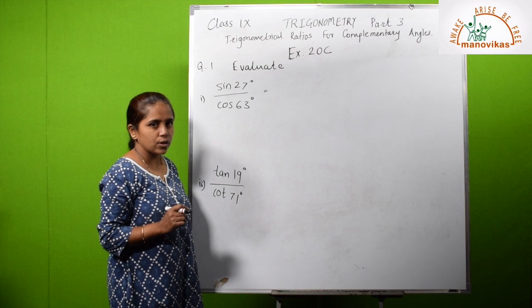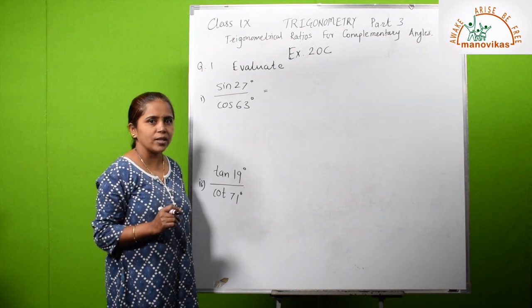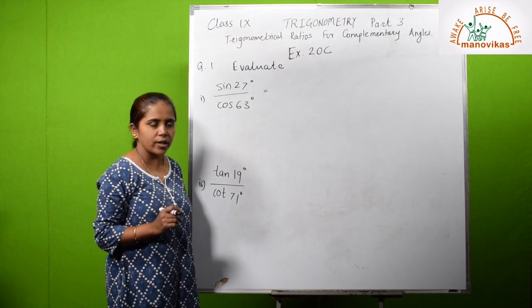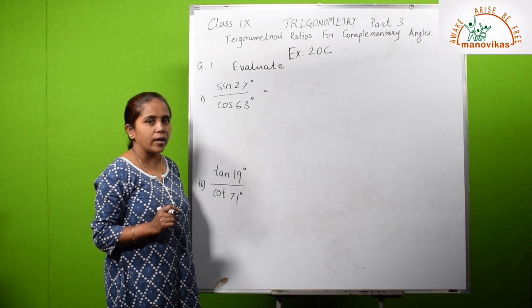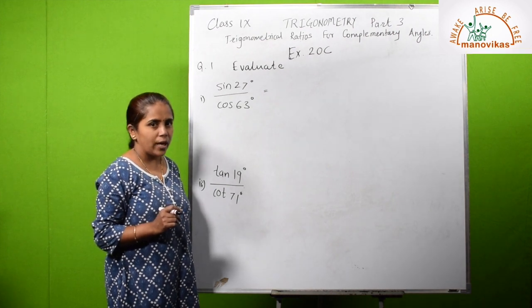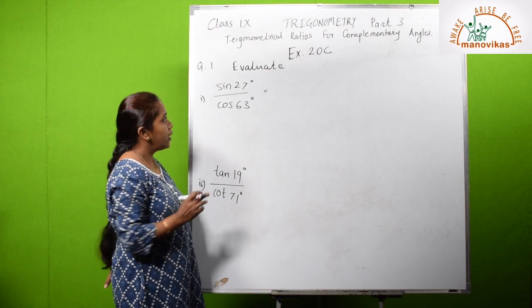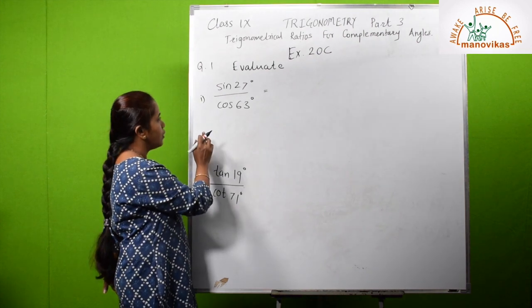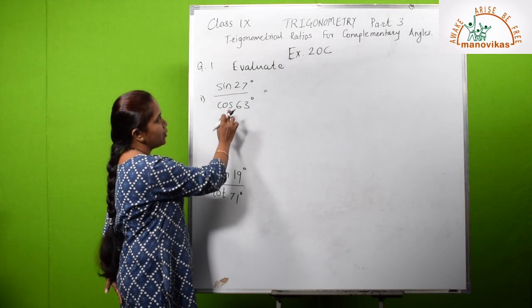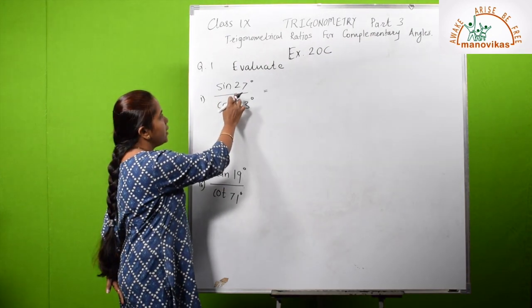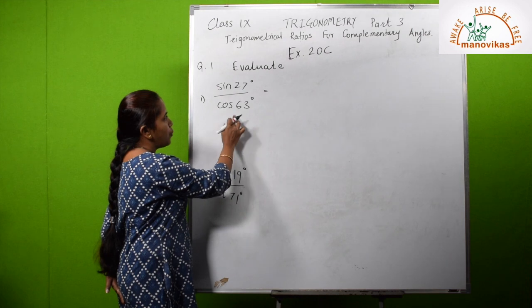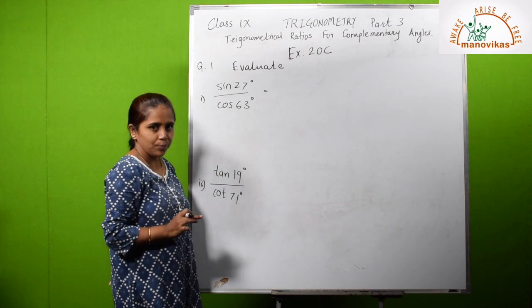In that first question, without using trigonometric tables, evaluate the value, and this is for question number 1 to 10. Okay, in that first question first part, we have to evaluate the value for sin 27 degree upon cos 63 degree.